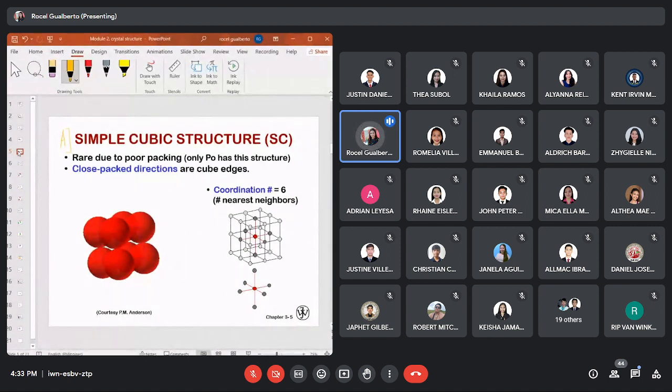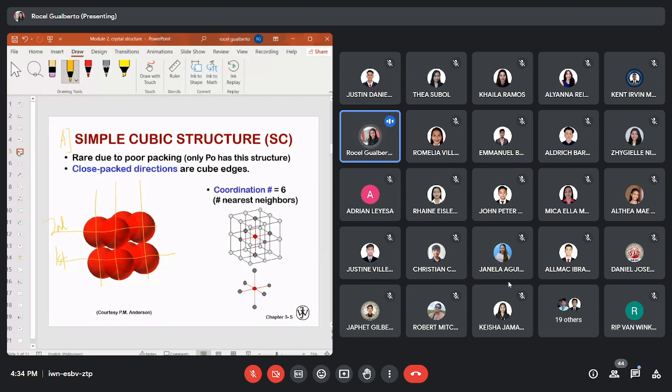So here is the arrangement of a simple cubic structure. The red spheres represent your atoms. Okay, so these are the atoms and see that they are arranged. Okay, but what is the arrangement? The arrangement is that if you have here the first layer, and this is the second layer. On the first layer, you have your set of atoms. On the second layer, you will notice that the atom is placed directly above the first layer.